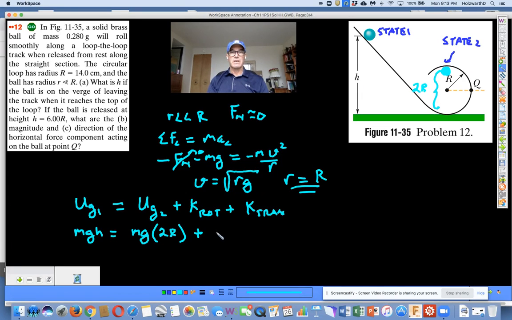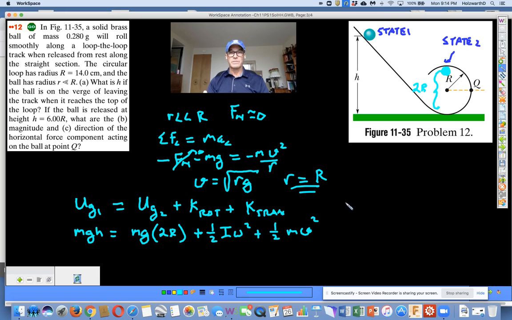Once the rolling without slipping object reaches the top of that loop, it's got 1/2 I omega squared, plus the translational 1/2 mv squared.